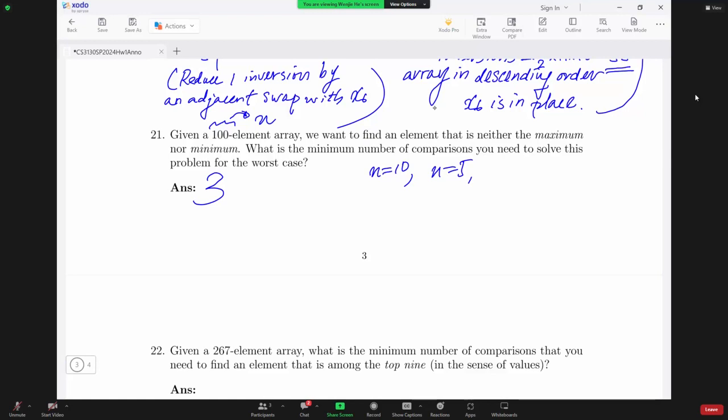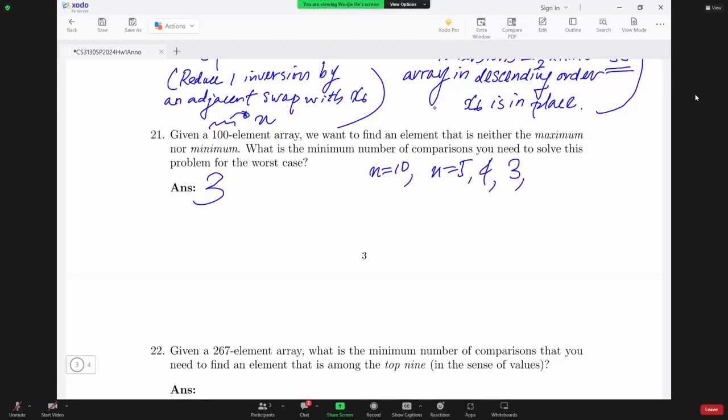So 5. After 5, how about 4? Okay, a little easier. 4, one fewer, a little easier. Then another reduction, 3 elements. Only 3 elements.